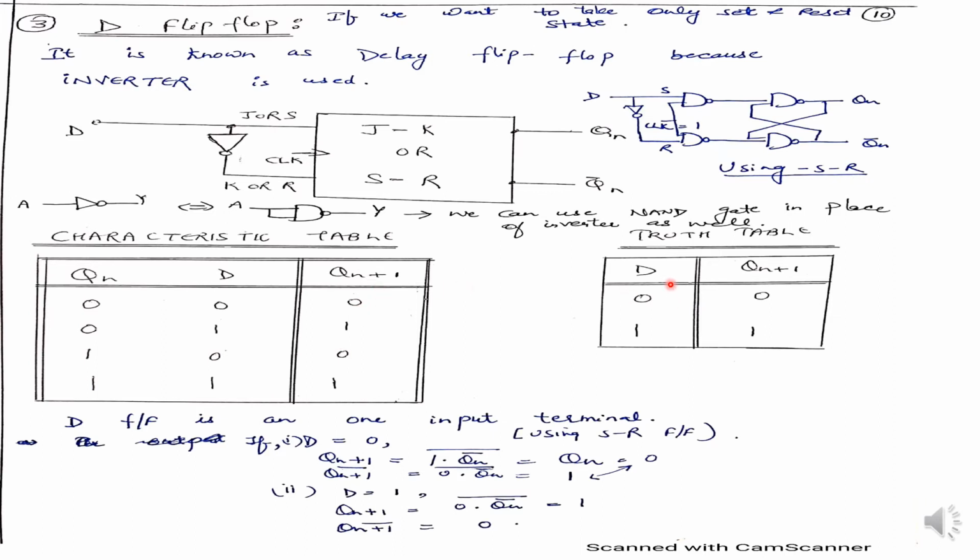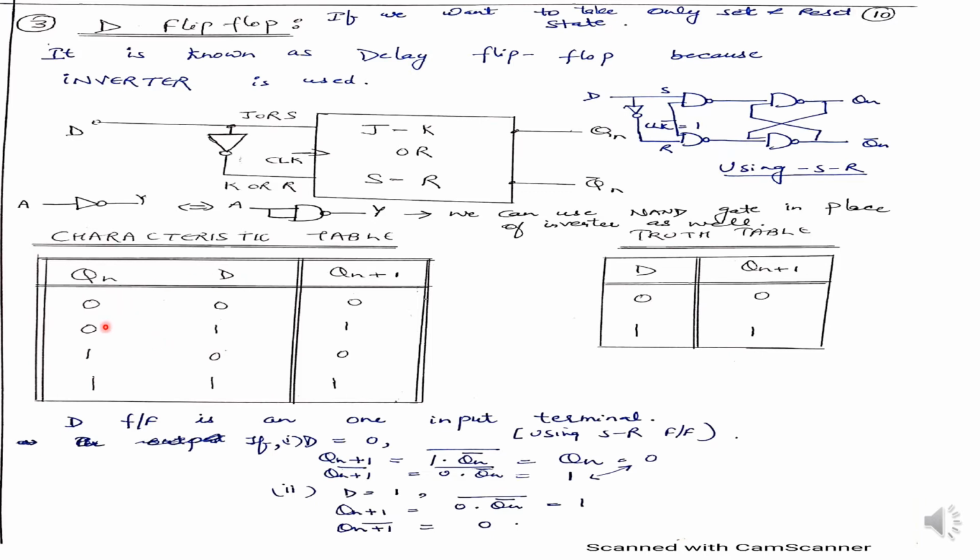Okay, so I will explain in the last how to make this characteristic table and how to make this truth table. Now in this characteristic table you can see, like in the SR and the JK flip-flop, we have seen there were 3 inputs. So if there were 3 inputs, how many combinations are possible? You all know 3 inputs means 2 raised to the power 3 equals 8 combinations.